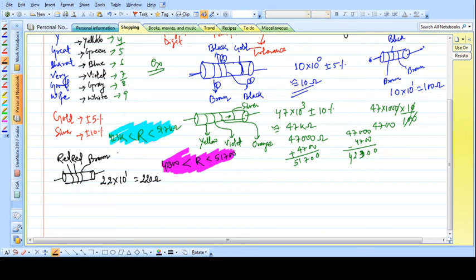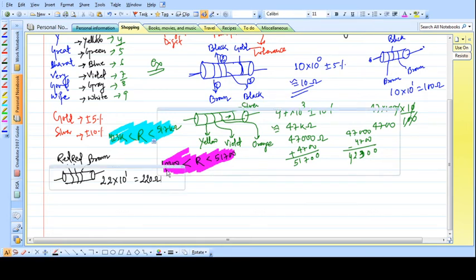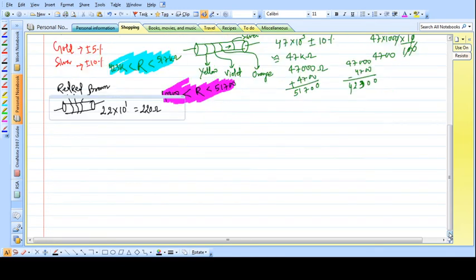Now if there is a 5-band in a resistance, what do we have to do? Again I am making an example, and it will be clear.